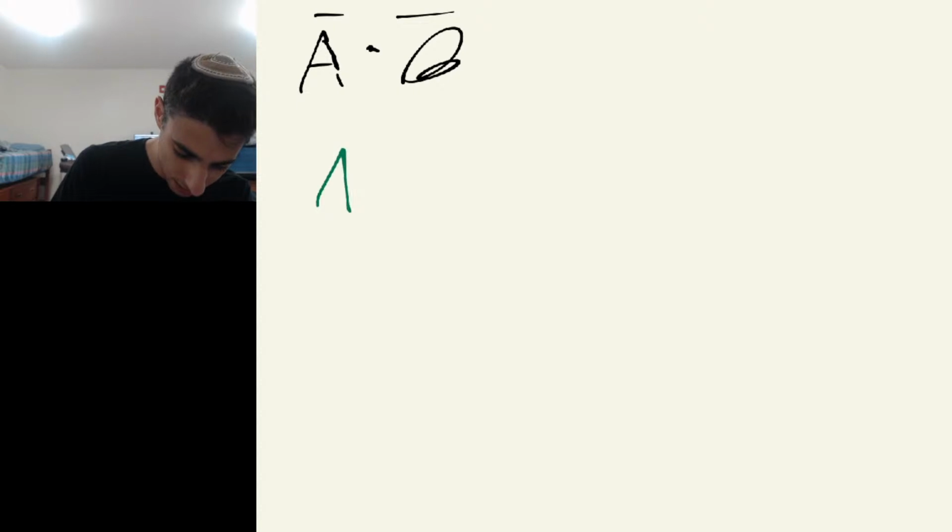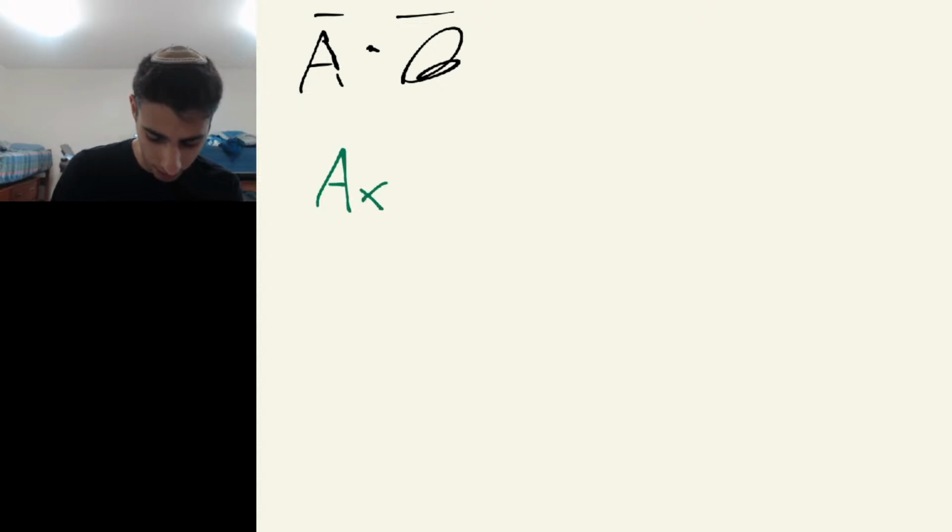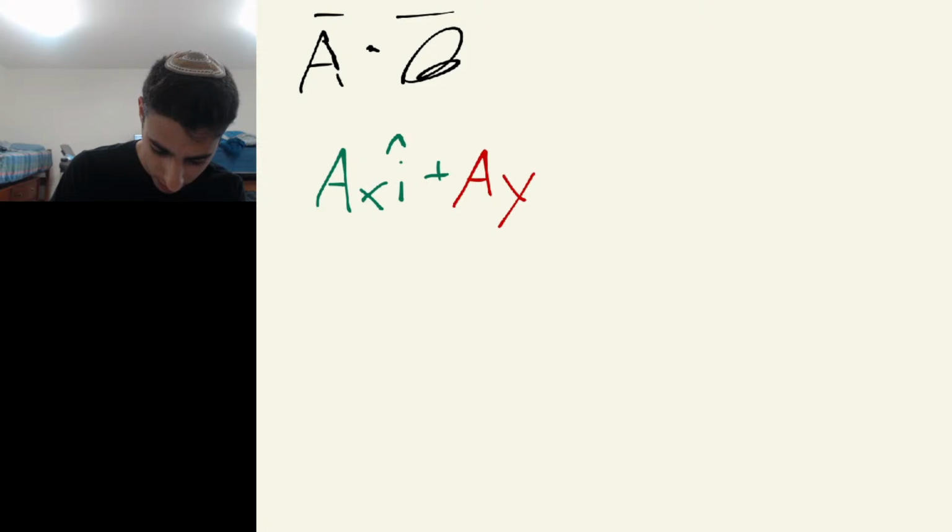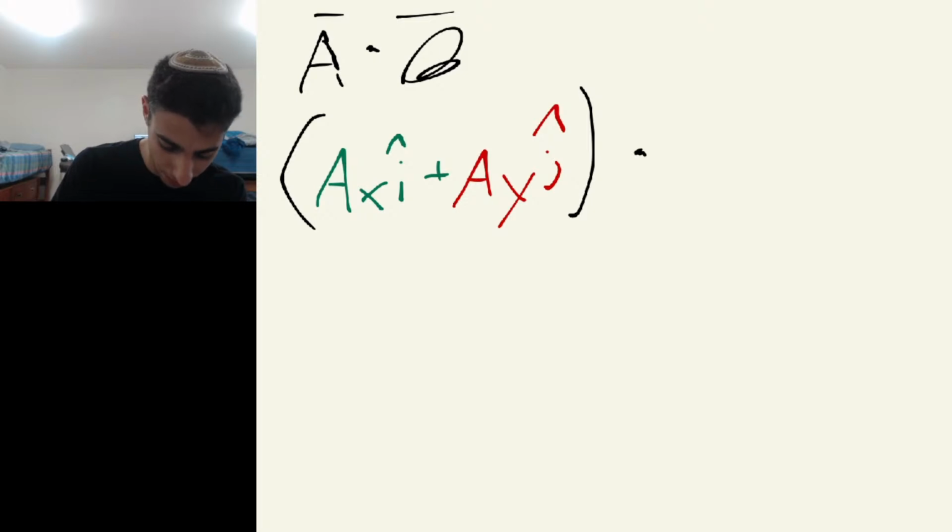So we have ax times i plus, and I'm going to keep this in 2 dimensions for now to make it simple, plus ay times j. So ax times i plus ay times j. This over here is a.